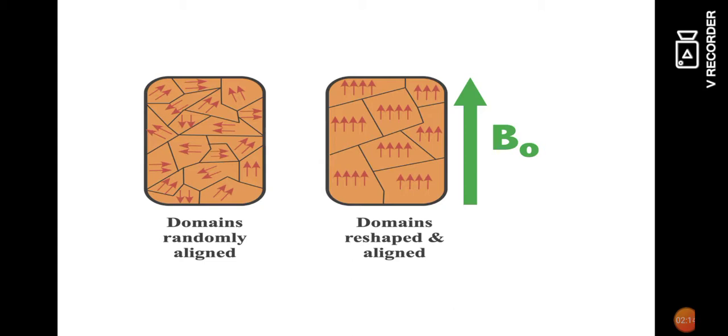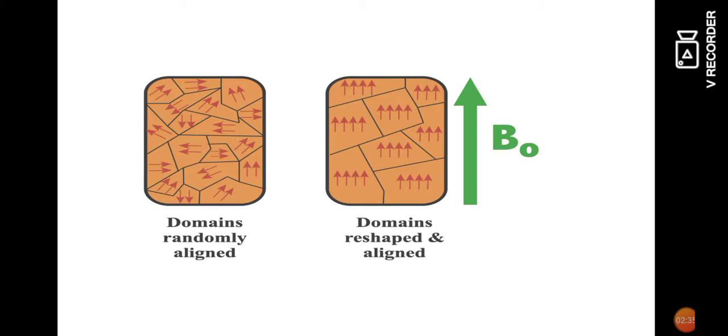In each and every ferromagnetic domain, a number of magnetic dipoles will be present, but without applying the external magnetic field, all the magnetic dipoles are randomly rotated in different directions.